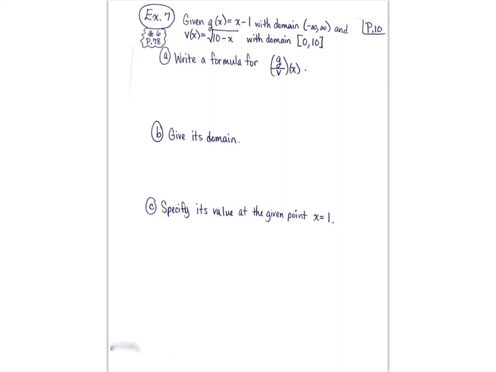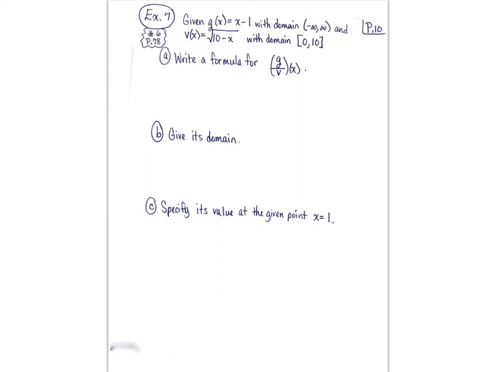So here we're given g of x, but now it looks a little different. g of x is x minus 1 with domain negative infinity to infinity, and v of x is equal to the square root of 10 minus x with domain the closed interval 0 to 10. Okay, we want to write a formula for the quotient g over v of x.